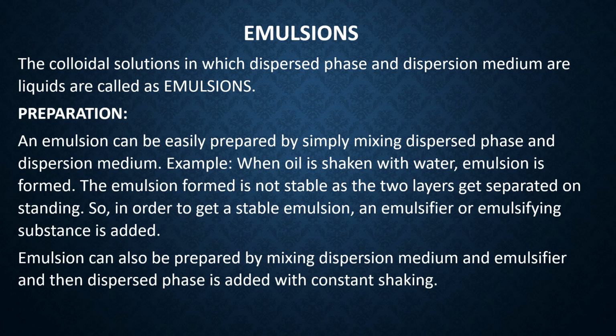First we can mix the dispersion medium and dispersed phase, and then add the emulsifier. Or we can do it like this also, students. First we mix the dispersion medium plus emulsifier, then we add the dispersed phase by shaking continuously. Like that also we can prepare an emulsion.